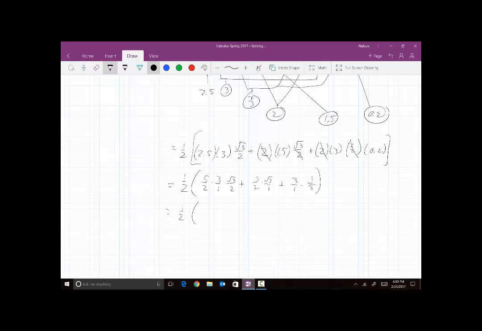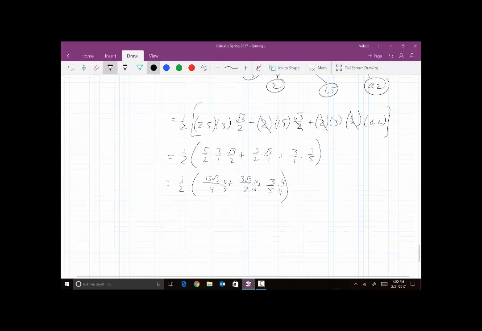So this is 15 root 3 over 4 plus 3 root 3 over 2 plus 3 over 5. The common denominator is 20, so that gives you 75 root 3 over 20 plus 30 root 3 over 20 plus 12 over 20.